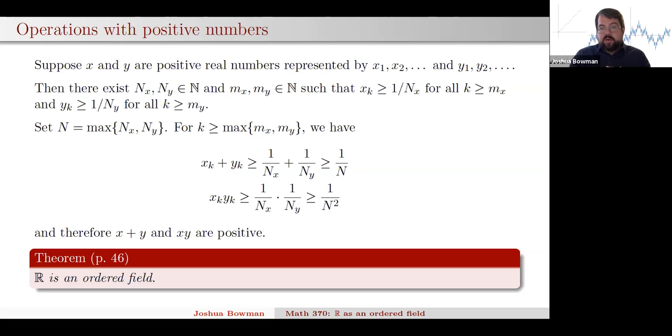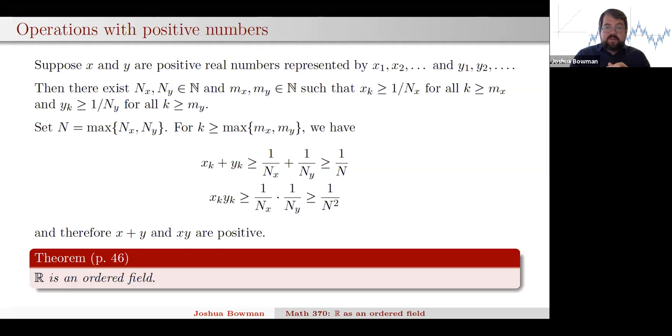And so that 1 over n squared gives us the definite amount that the product will be away from 0. And so x plus y and x times y are both positive because we found some point in the sequences that represent the sum and the product so that the terms stay a definite amount above 0. Okay, and that's what we needed.